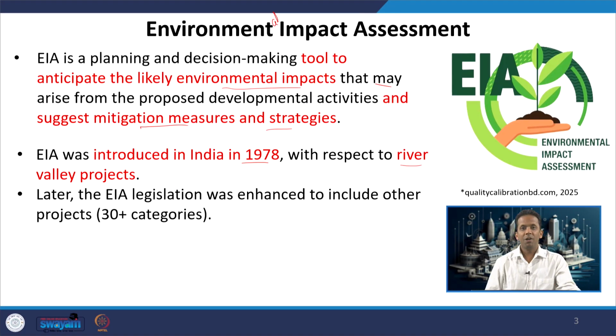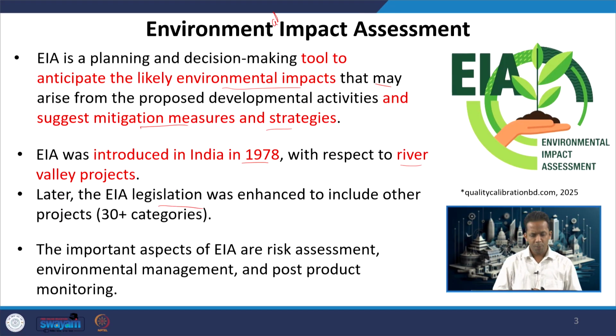So, these projects were the first ones for which EIA was introduced in India. Later, this EIA legislation or notification was extended to include other projects. At present, 30 plus different categories of projects are there for which EIA is mandatory.